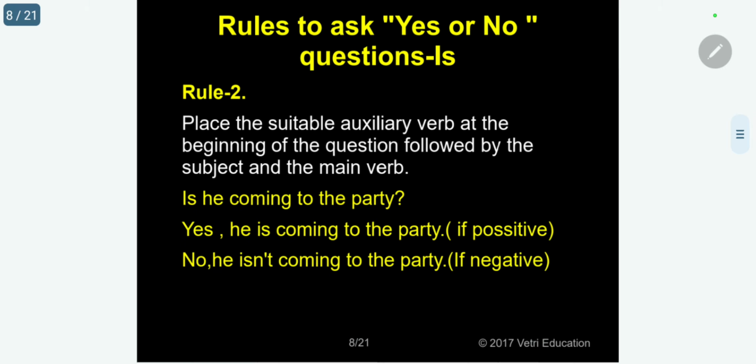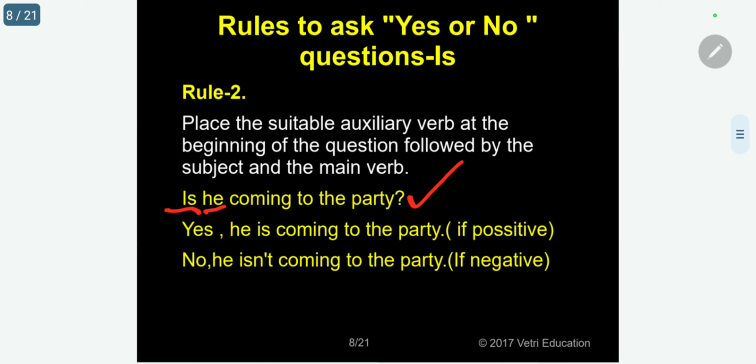Rule 2: place the suitable auxiliary verb at the beginning of the question, followed by the subject and the main verb. To understand this rule, I am giving a simple sentence. Is he coming to the party? Kindly follow: "is" is the primary auxiliary, and "he" is third person singular. So "Is he coming to the party?" is correct.